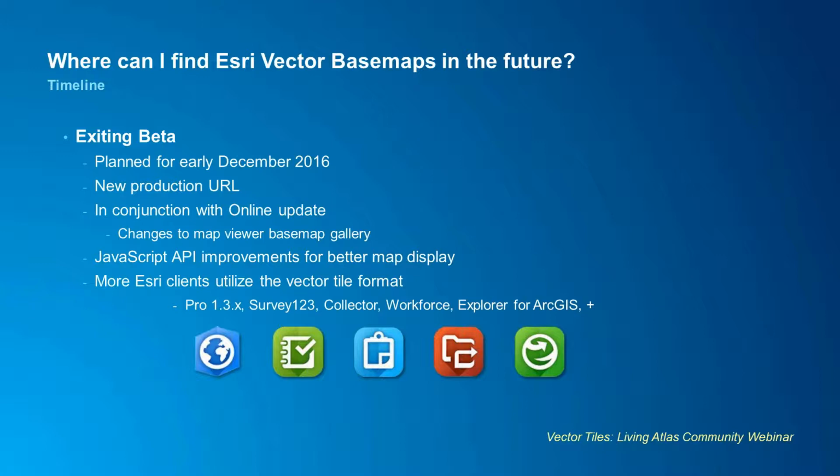We're making JavaScript API improvements that'll provide for better map display. Additionally, more Esri clients will be able to utilize the vector tile format. Currently, Pro 1.3 can consume the vector tiles, and in the future, apps like Survey123, Collector, Workforce, and Explorer for ArcGIS will be able to.